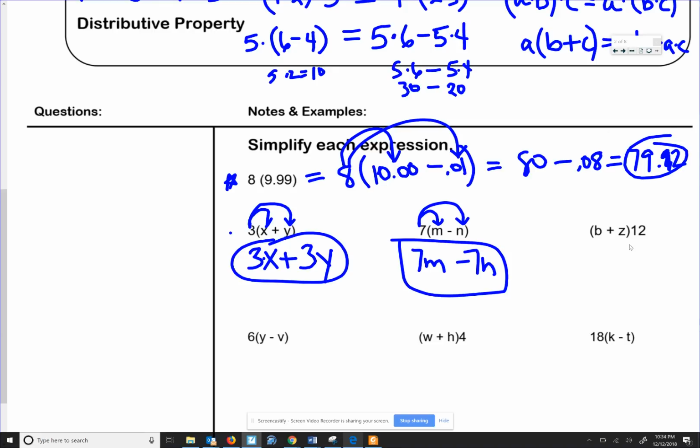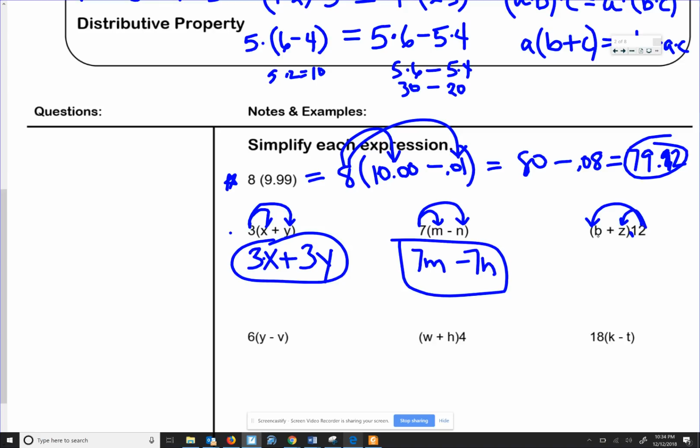Ooh, what's the deal here? This 12, when there's nothing in between, is supposed to be multiplied. Just because it is on the right-hand side of the parentheses instead of the left-hand side doesn't matter. Distribute like this. You have to take 12 times b, 12 times z.